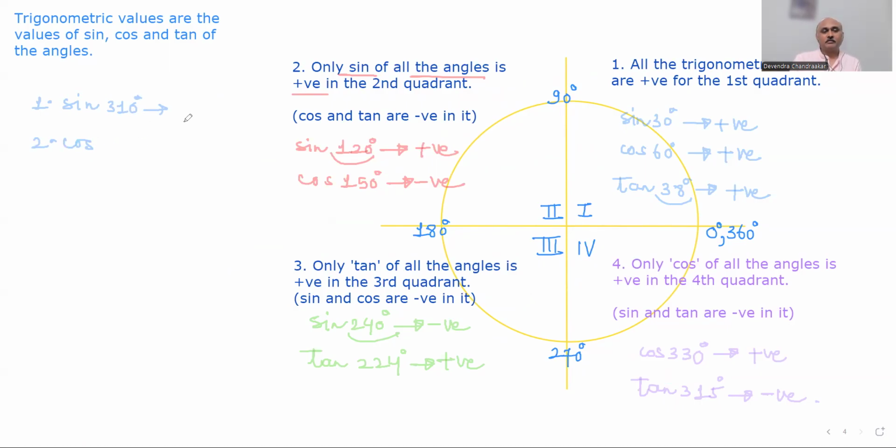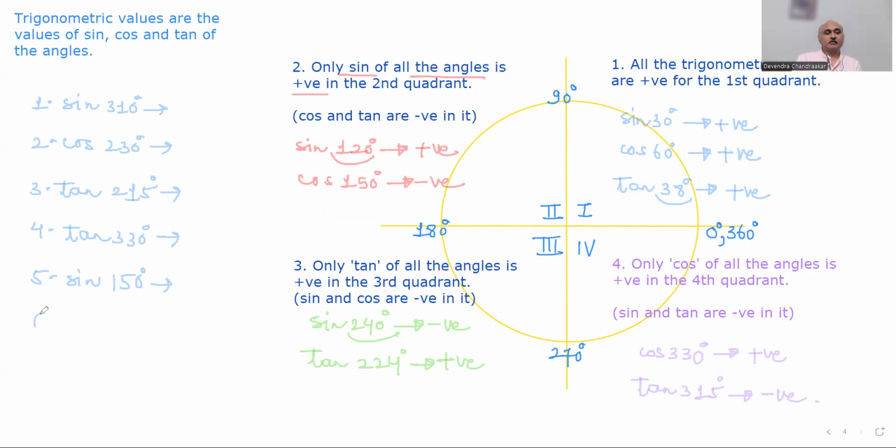You just have to mention positive or negative. So cos 230 degrees, tan 215 degrees, tan 330 degrees, sine 150 degrees.